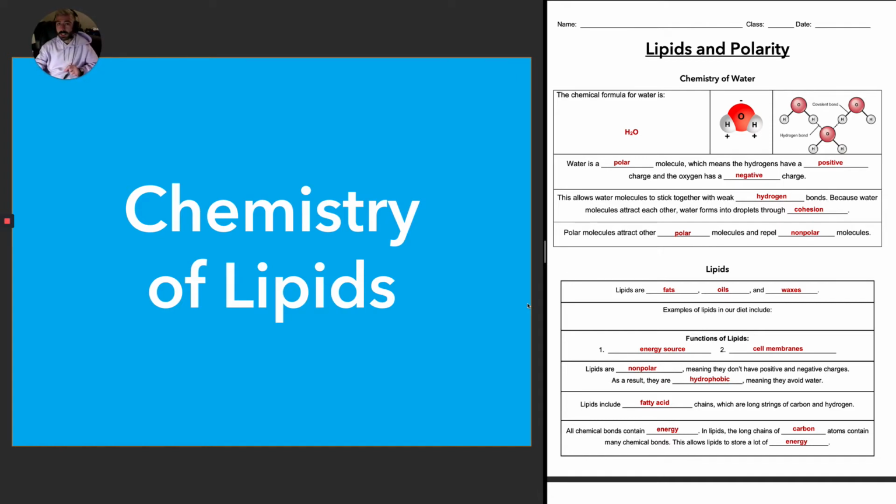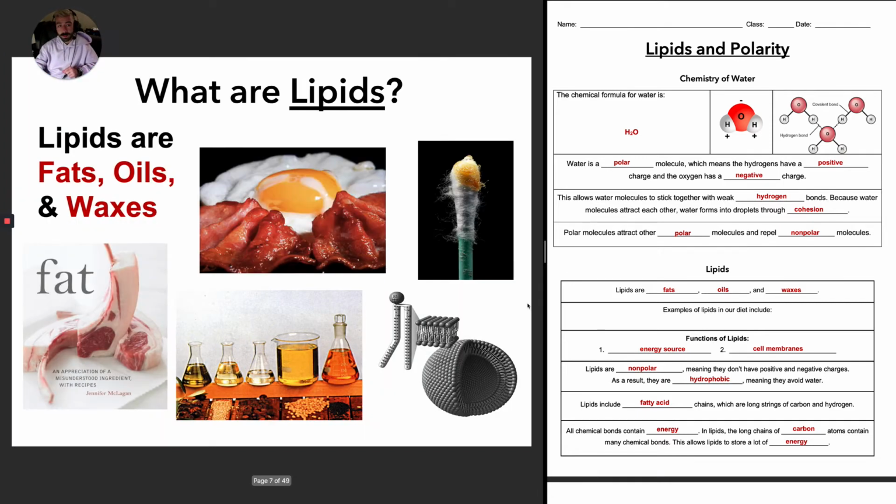So let's shift gears to something called lipids. Lipids are fats, oils, and waxes. And some examples of that, I left this blank on the notes on purpose, and you can use that however you'd like. But here we've got some meat, so the fat on meat. We've got bacon grease here, we've got eggs, we've got different kinds of oils.